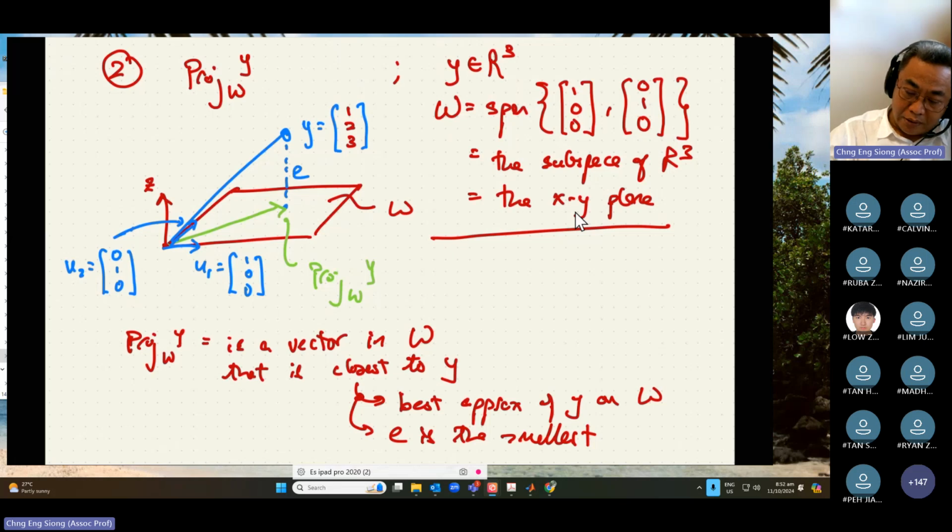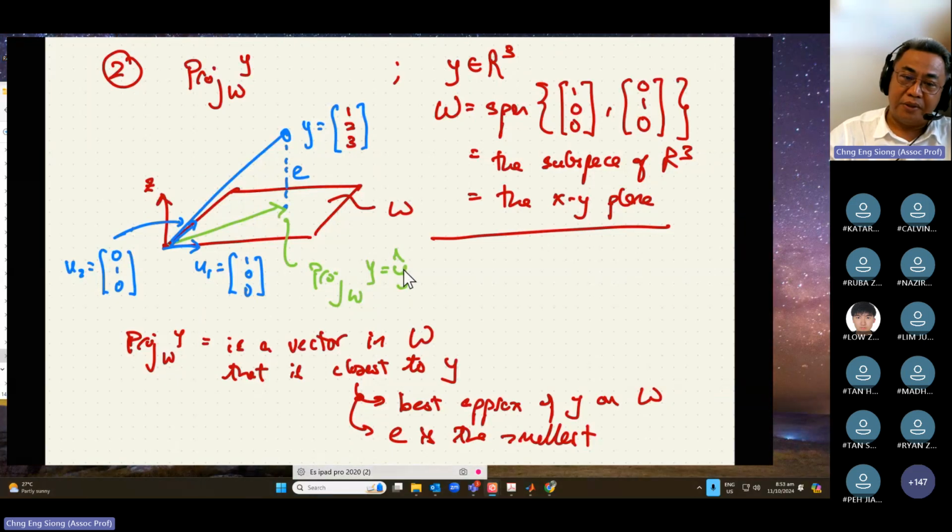So now let's try. So this green plus E is Y, right? So I'm going to say this is the projection of Y. We call it Y hat, guys. Y hat, right? The approximate of Y. The notation we use in math is the hat is always the approximate.